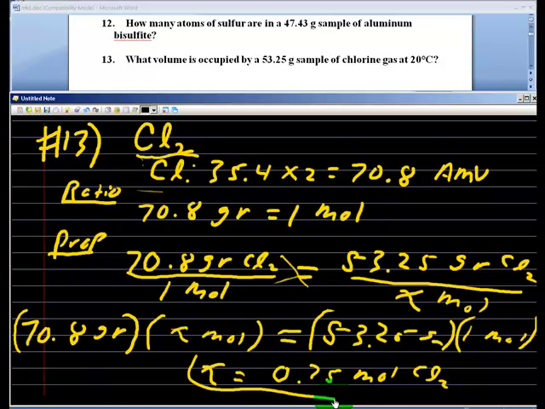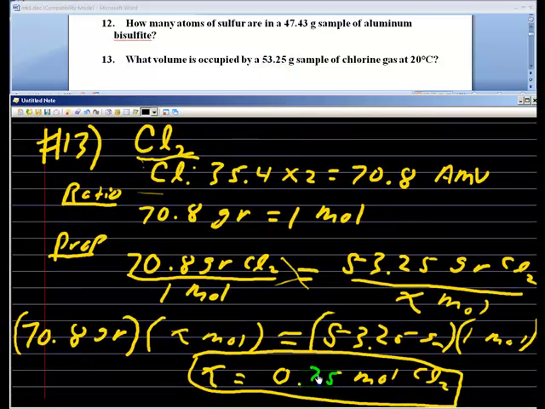But you know what? That's not the answer. It's part of the process to get to the answer. You see, let's go back to the question. The question is asking you, what is the volume occupied by this much gas? What you just solved for was the amount of moles of gas this represents.